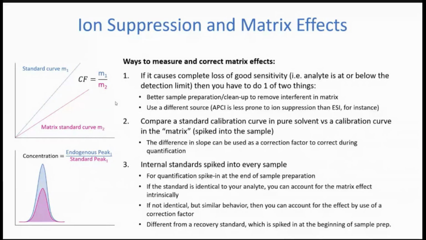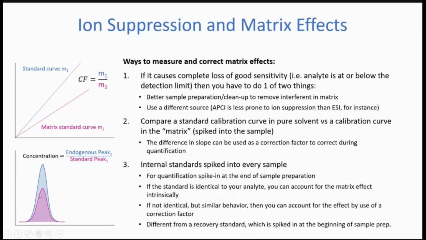Another way to get around this is to include internal standards that are spiked into every sample. We can talk more about internal standards later, but in our lab, we often use stable isotope labeled standards that we can spike into our samples. So this is the ideal. With any luck, your endogenous peak, or the molecule you want to measure in your sample, versus the standard that you've spiked in should come out at the exact same retention time and should behave exactly the same in the mass spectrometer.